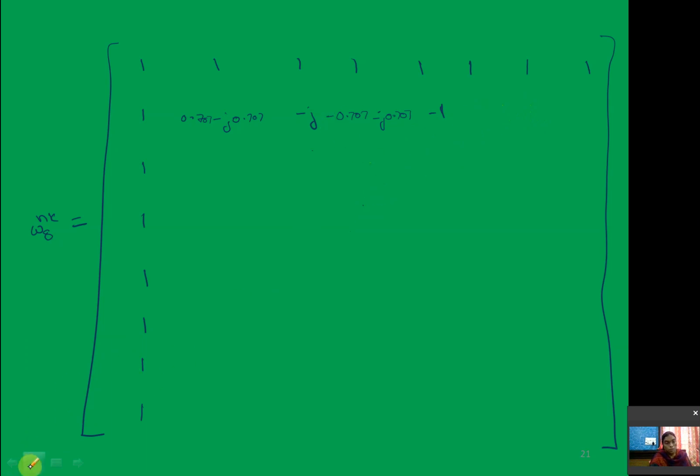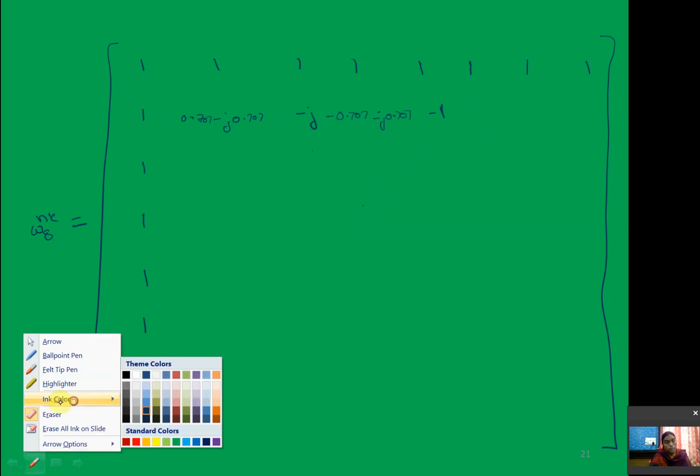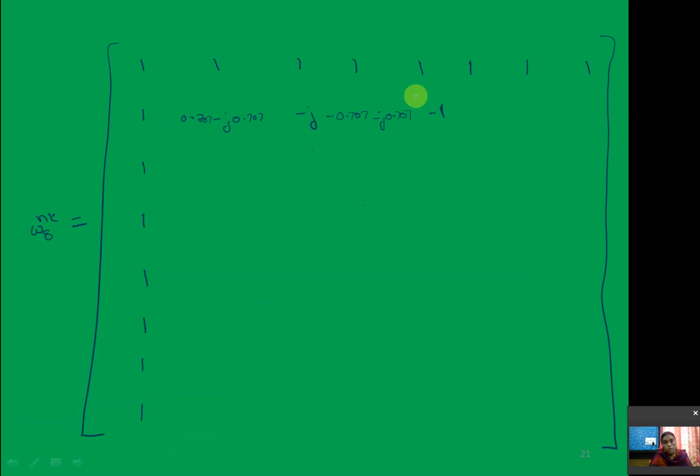Here, minus 0.707 plus j 0.707. Next one, minus W8 power 2 means j.